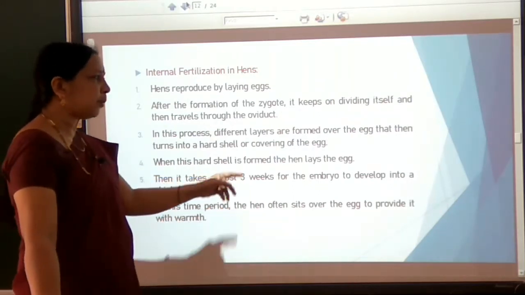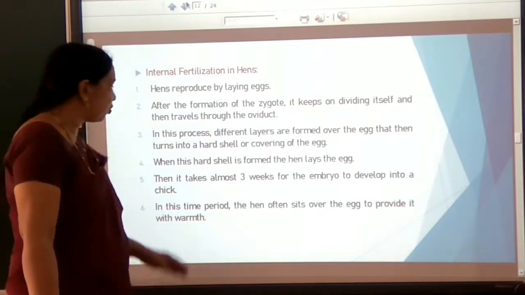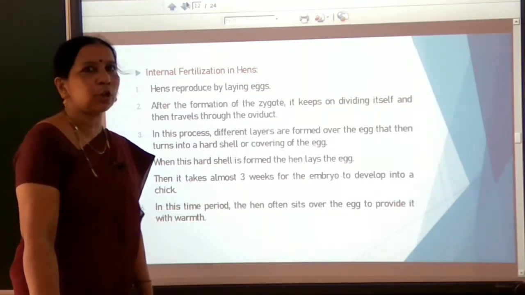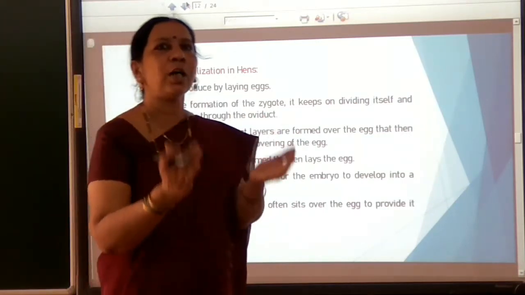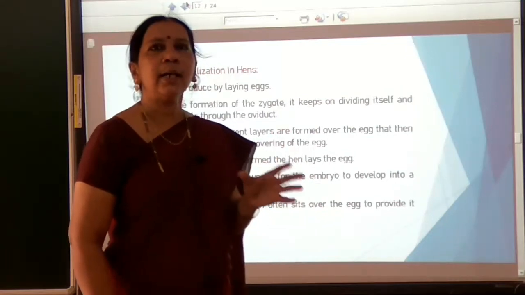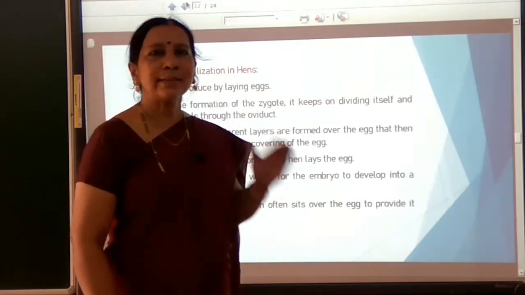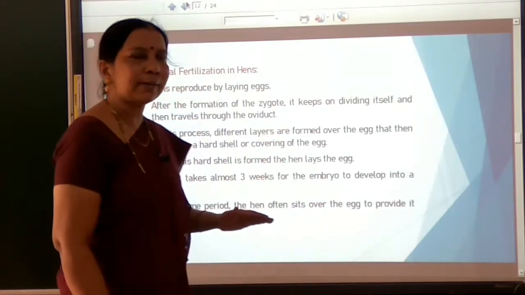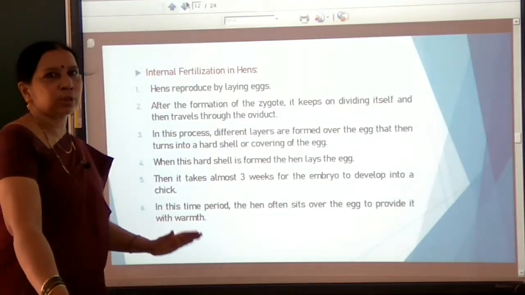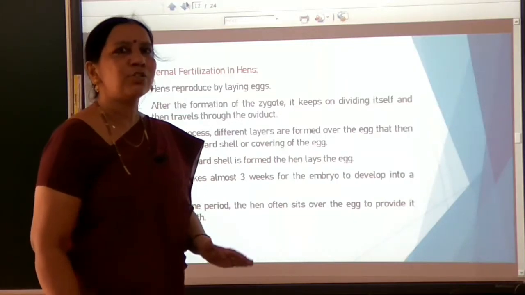And in this time period, have you ever observed the birds sit on the eggs? Why? To provide sufficient warmth, the hen sits on the eggs. Then the eggs hatch into young ones called chicks.